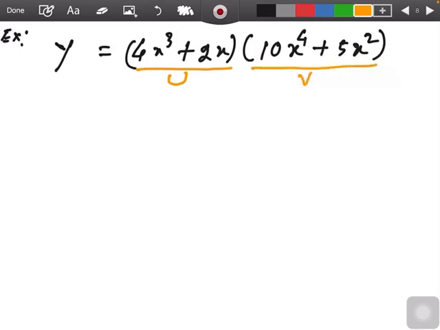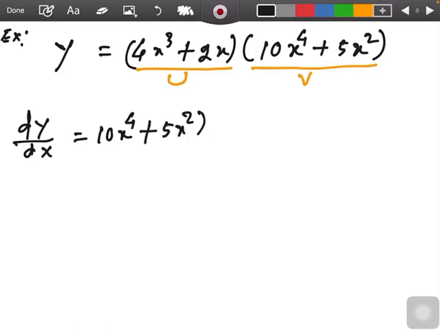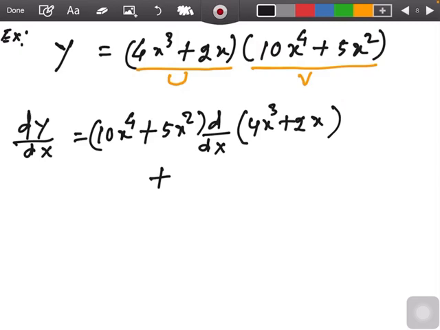So if you apply the formula, product rule, dy by dx will be v, 10x to the power 4 plus 5x square into d by dx of 4x cube plus 2x, plus the v into derivative of u.